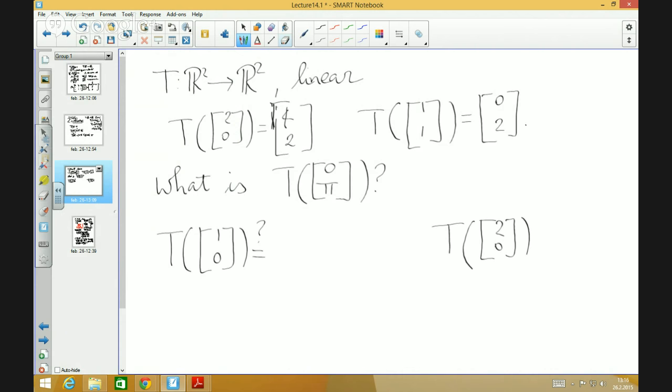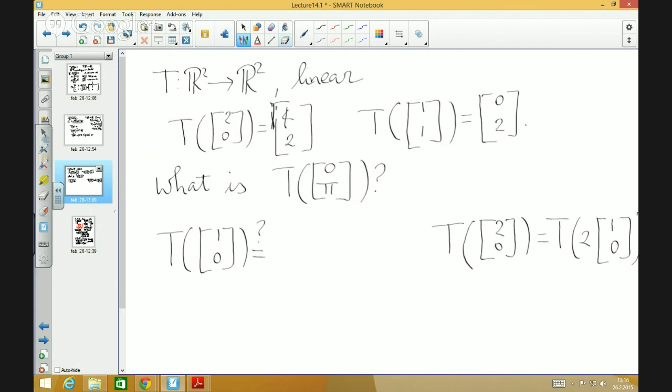It's 2 times (1,0), isn't it? Because 2 is 2 times 1, and 0 is 2 times 0. So (2,0) is actually 2 times the vector (1,0). You just multiply every component in the vector (1,0) by 2, and you get (2,0).